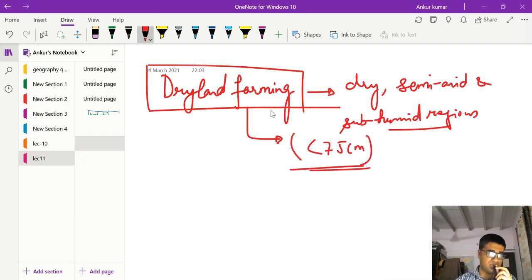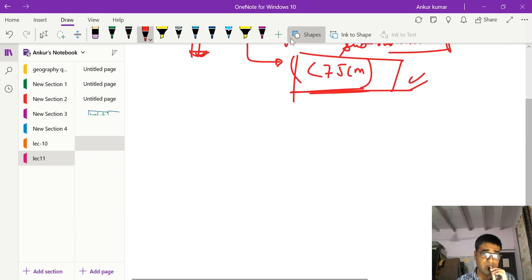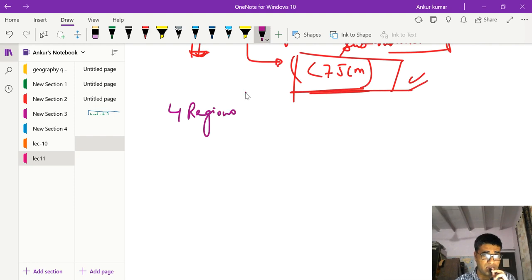And these dryland farming regions in India are very important. Why are they very important? Because a large part of India has less than 75 centimeter rainfall, and we will divide the regions which have less than 75 centimeter rainfall into four regions in India basically. So the four regions where dryland farming is done in India.